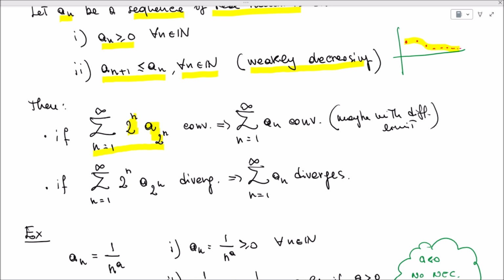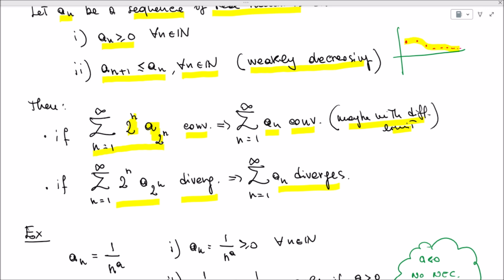So if we can establish that this sequence is convergent, we can conclude that the original sequence of an is convergent, maybe with a different limit. If instead this sequence is divergent, we can conclude the same thing for the sum of an. So you see what is the power of this method. We start with the sum of an. We don't know how to do that because it is difficult for us to study that series.